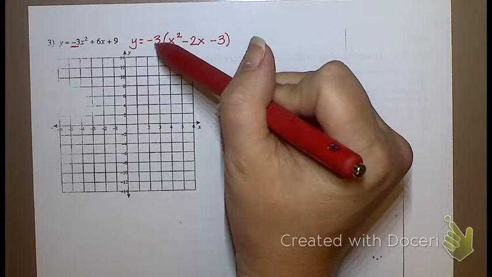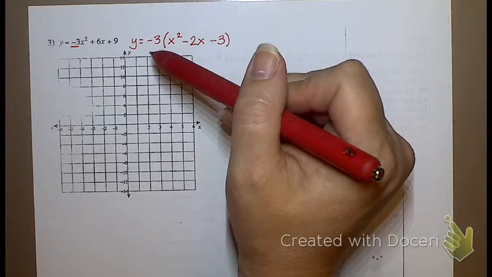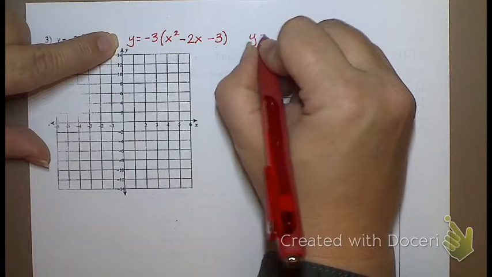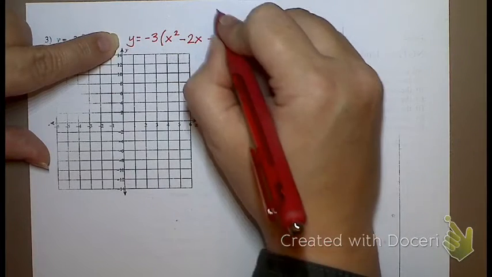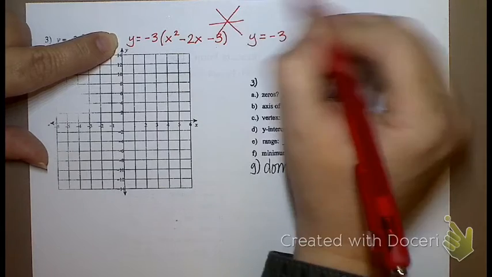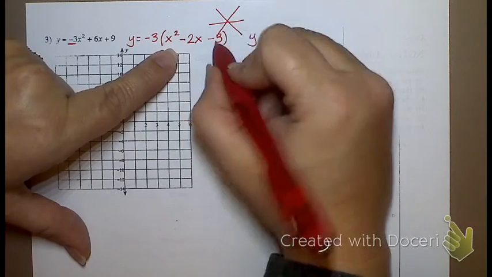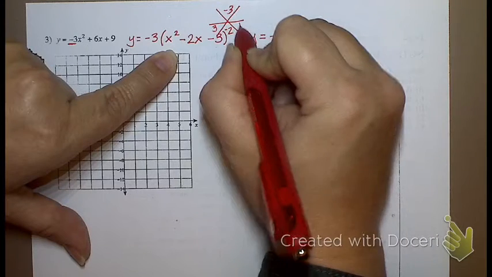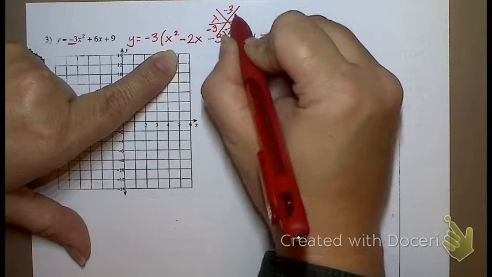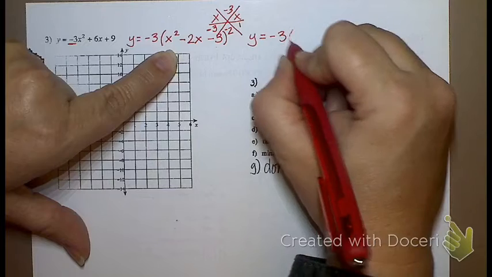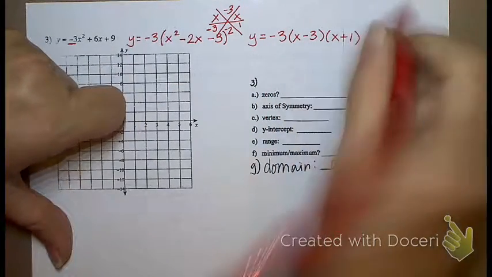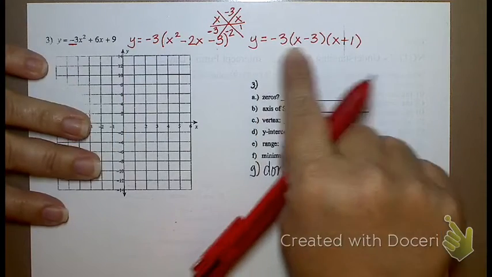So if you don't take out a negative 3, you're going to screw up your factoring. Okay? So if I factor this further, I have negative 3 and negative 2. Two numbers would be 3 and 1 with a negative 3. So I have x minus 3 and x plus 1. That's what the factoring looks like.